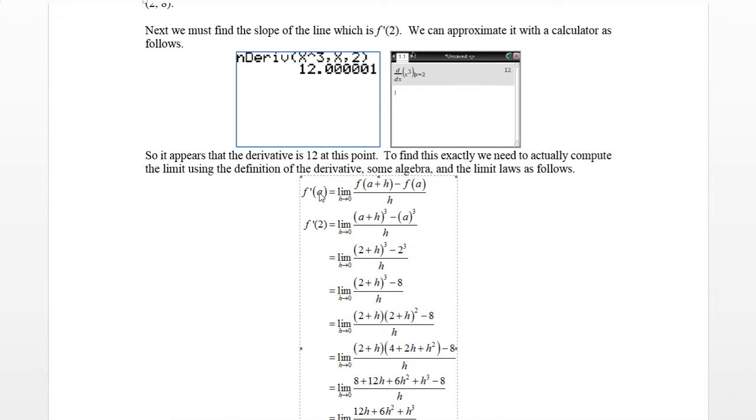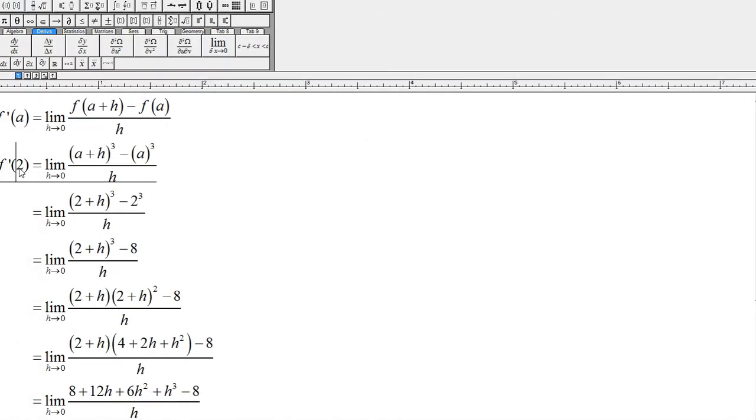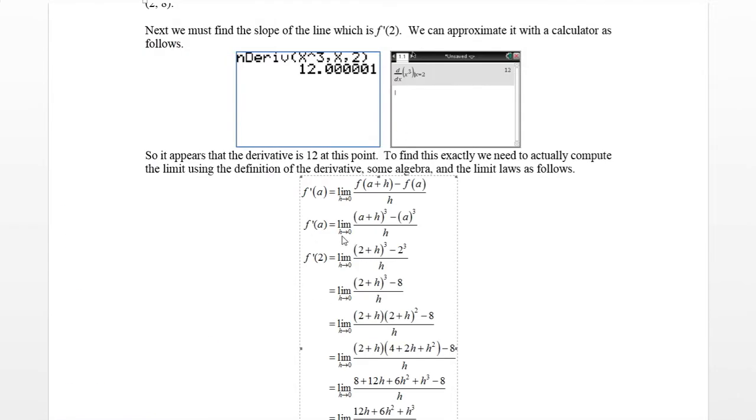Now, what are we doing with this? That's in general. So our specific function f is f of x equals x cubed, and our a is 2. So here's f prime at a for our particular one, and then f prime at 2 is here.